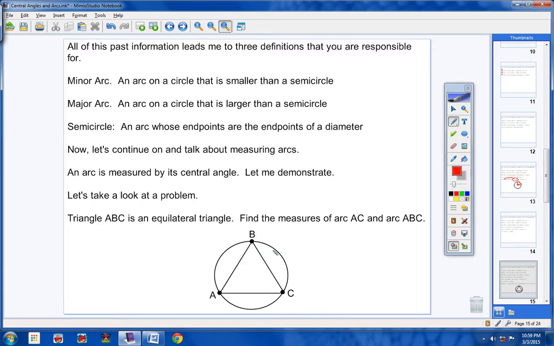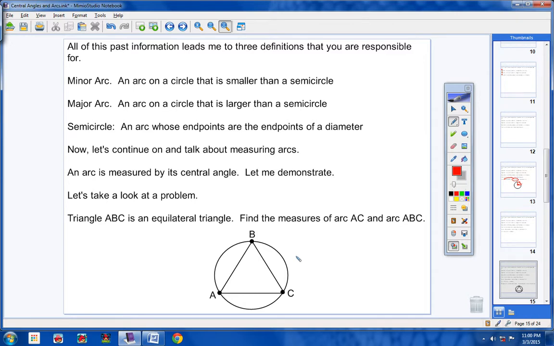And then we're going to find the measures of arc AC and arc ABC, okay? So I'll give you about a couple more seconds to copy this down. For those that know how to do this, feel free to go ahead and work ahead. I have no problem with that at all. Please copy this problem down. Find the measures of arc AC and arc ABC.